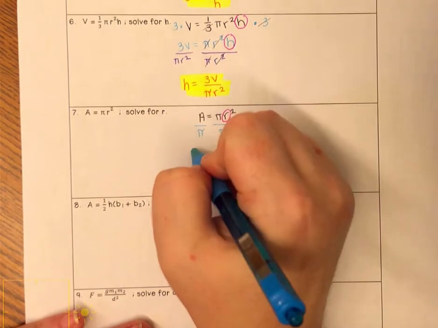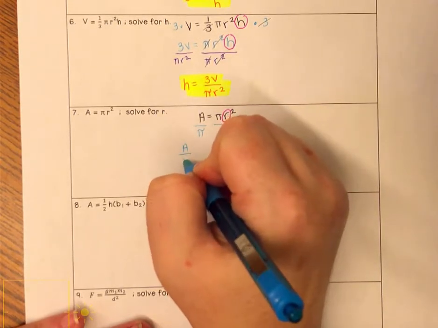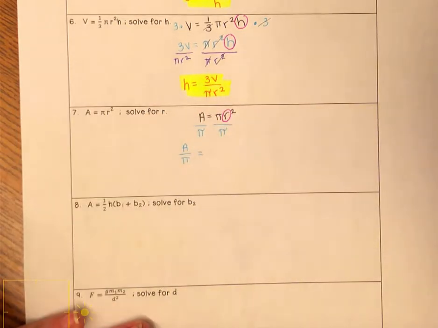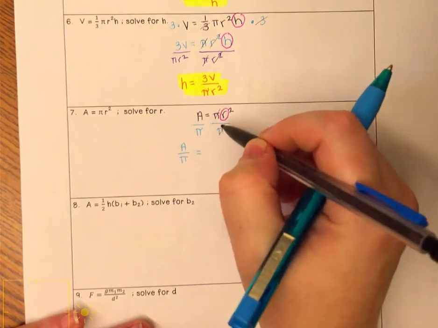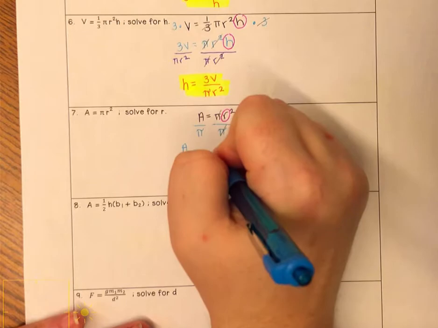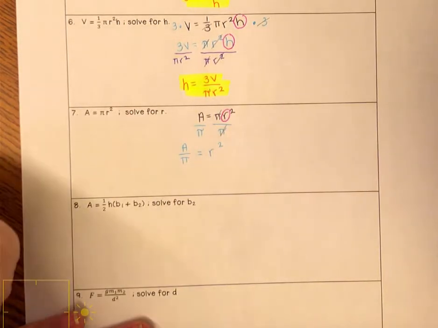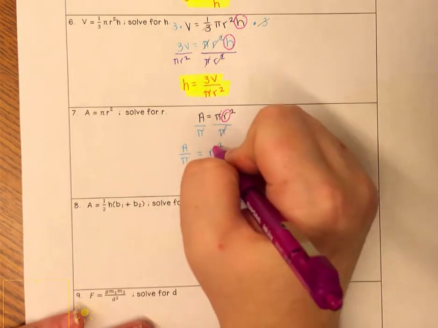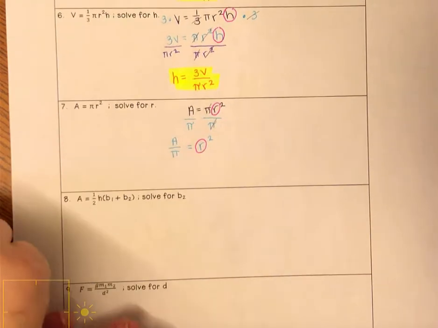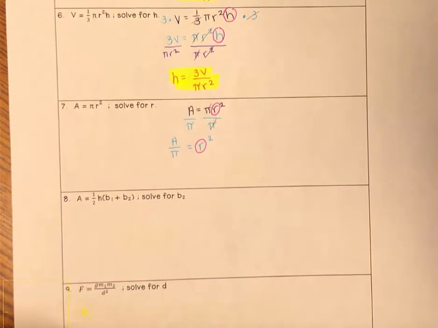And we'll have A over pi is equal to, since the pi's cancel out here, r squared. R is still not alone yet, so I want to circle the r so that I know I have to get that alone. We've done all the multiplication and division. Now we go to E, exponents. The 2 is an exponent.